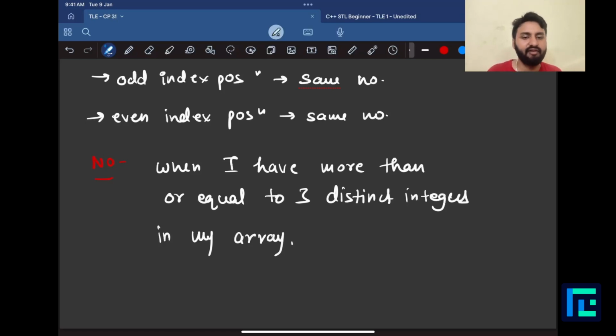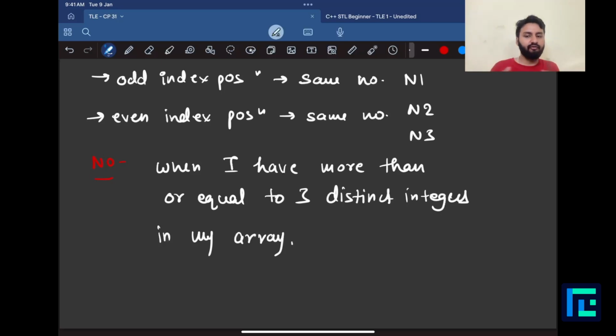Because if you have 3 distinct integers, say you give a number n1 the power to occupy all the odd index positions, and then you give some other number n2 the power to occupy the even index positions. Then can some other distinct number n3 even exist? No, right?